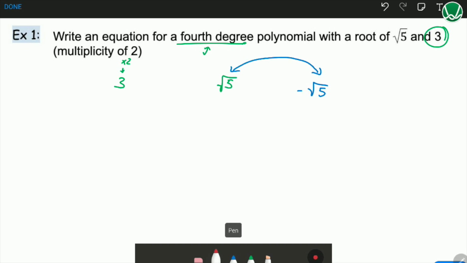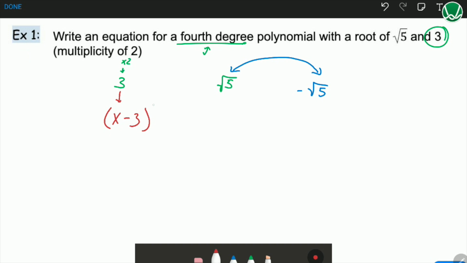Now that I have that, we can go ahead and start writing, because this gives us our total of 4 roots, the 2 from the multiplicity of 2 and then these 2 here. Well, starting with that, going next to the actual factors so that we can write the equation. If I have a root of 3, then its corresponding factor is x minus 3.